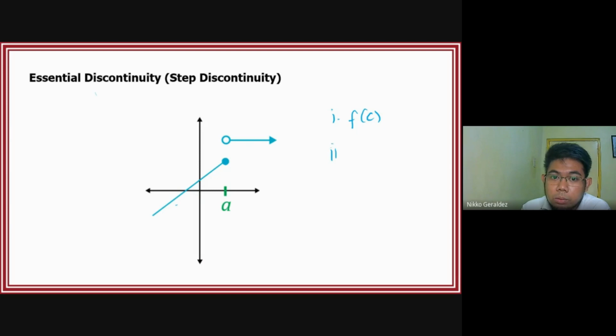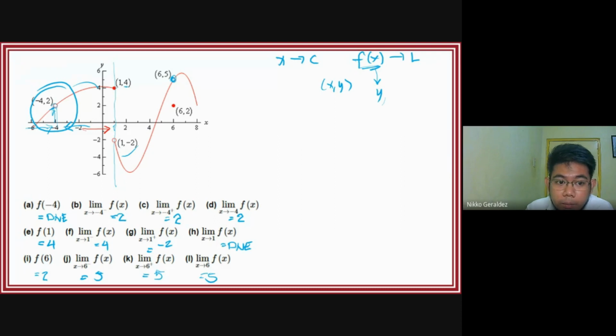Condition number 2, hindi niya masasatisfy. Limit of f of x as x approaches positive 1 from the left is 4. Then right-hand limit is negative 2. So hindi nag-equal. So limit of f of x as x approaches 1 does not exist.